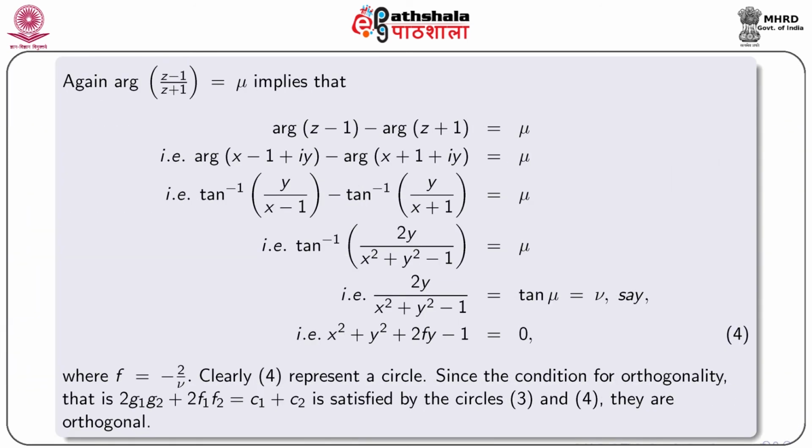Again, argument of z minus 1 by z plus 1 is equal to mu. So, this implies argument of z minus 1 minus argument of z plus 1 is equal to mu. Putting z equal to x plus iy, we obtain argument of x minus 1 plus iy minus argument of x plus 1 plus iy equal to mu.